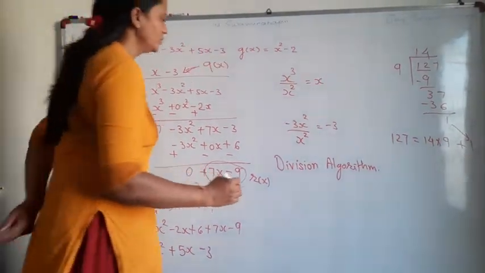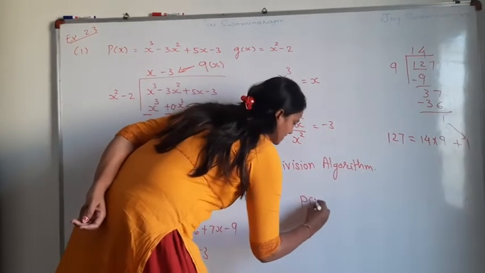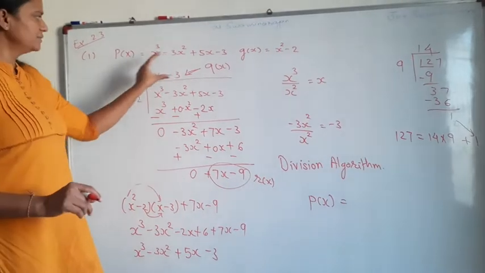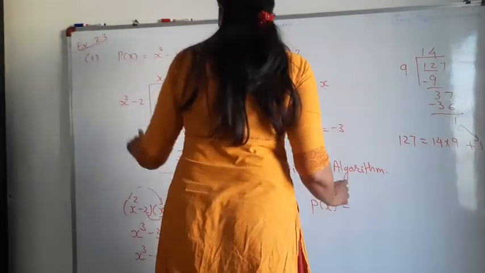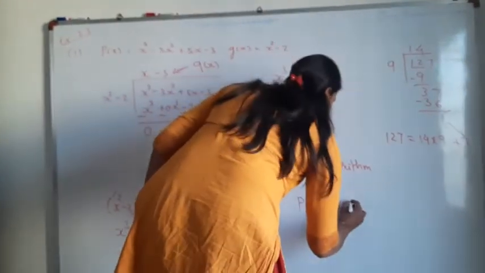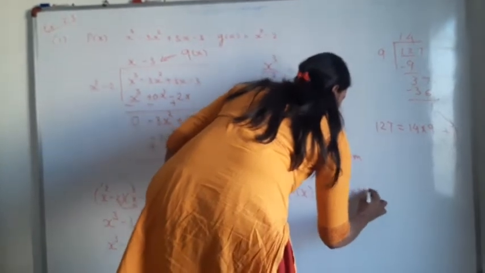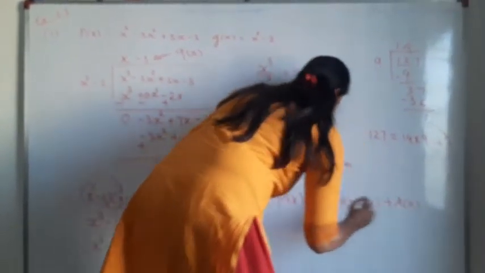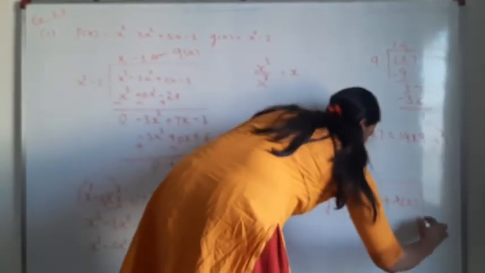So division algorithm will be p of x, that is dividend, is equal to divisor multiplied by quotient. So divisor is g of x, quotient we denote by q of x, and remainder is r of x. This is our division algorithm.